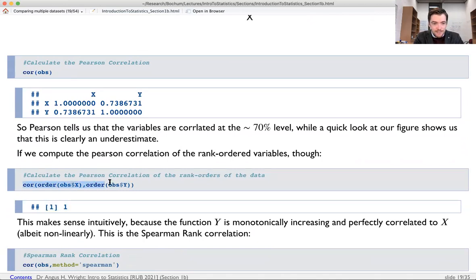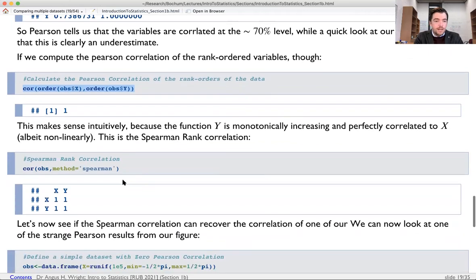And this thing, the Pearson correlation of the rank ordering of the variables, is the Spearman correlation, the Spearman rank correlation. And so if we calculate the correlation of now our observations, X and Y, but using method is Spearman, we get perfect correlation, as we expect, which is good.